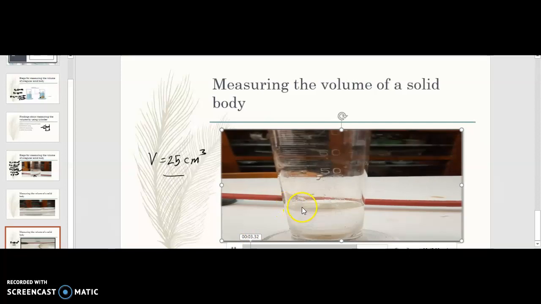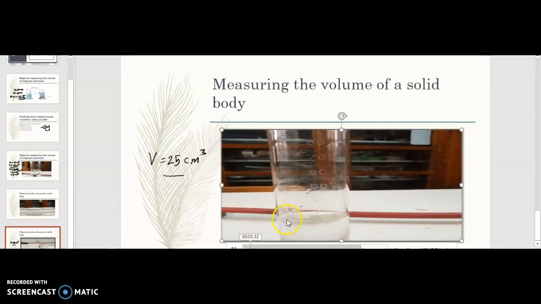The volume here is roughly 25 cubic centimeter.